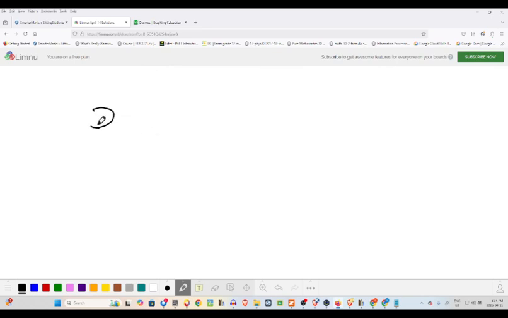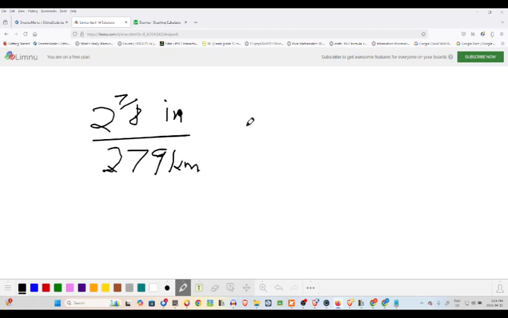So we have 2 7/8 inches over 279 kilometers is 1 over our scale. The scale is the larger number.